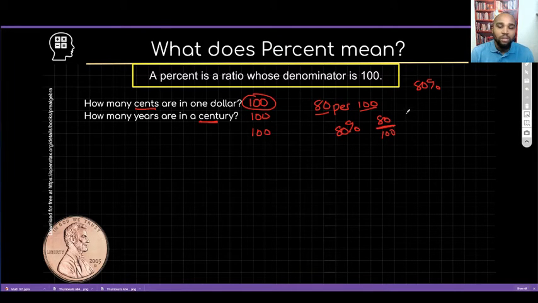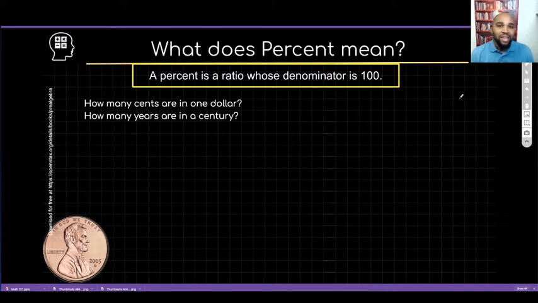Why? Because that's the same thing as if I said we're going 30 miles per every hour. So this is the same language. I just want you to understand we're given some kind of ratio, some kind of relationship between two things, and asking ourselves, what is the relationship for every 100? So we can get an idea of what that thing looks like when compared to what's totally there.